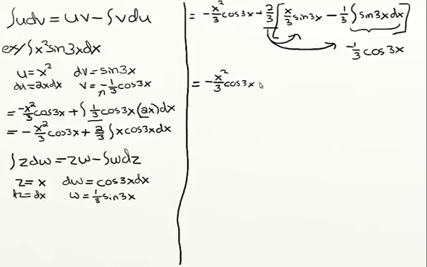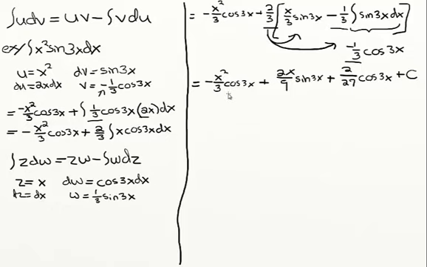So we have plus a 2x over 9 times the sine of 3x. Then we have a 1/3, negative 1/3, negative 1/3, and a 2/3. So that in total is going to be a positive 2 over 27 cosine of 3x. And then we're all done integrating, so we have a constant there.